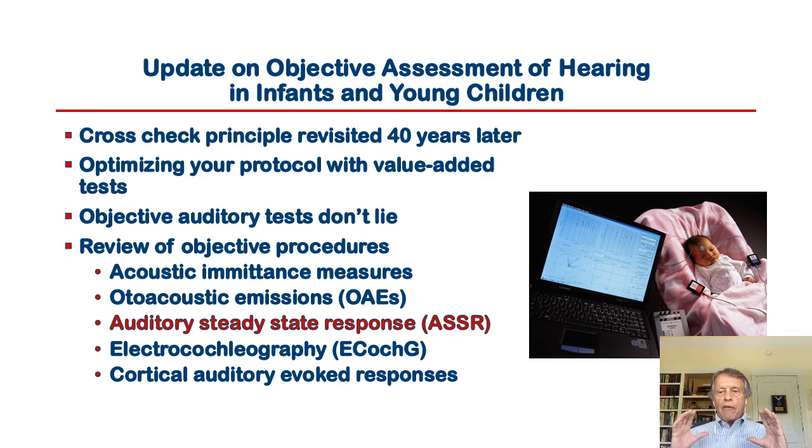The ABR is the gold standard, the workhorse, the main technique that you are going to use to estimate auditory sensitivity, to diagnose hearing loss, and to manage infants and young children. The ABR, along with the OAEs and along with aural immittance, those three objective techniques are what you're going to use most often. These others I refer to as supplementary or added techniques. Sometimes they're needed, but sometimes they're not.